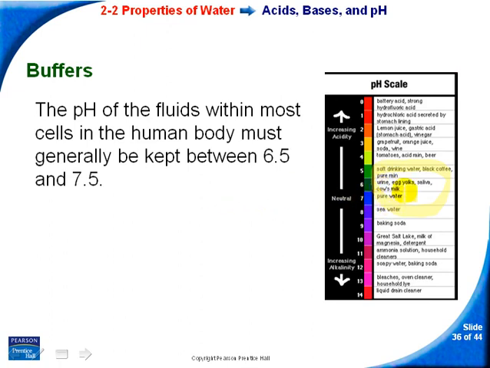And unfortunately this is so small, but what I wanted to show you on this slide was that the pH values of fluids within most cells of the human body have to be between 6.5 and 7.5. Basically they have to be neutral. And I already circled this before when I was preparing this show.